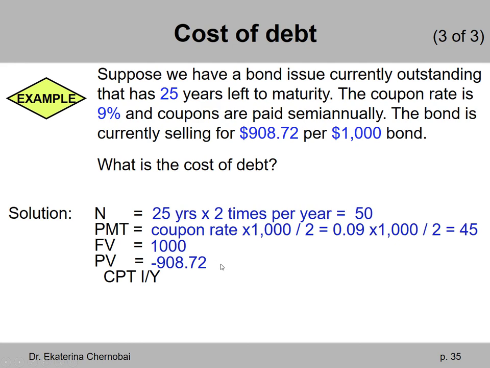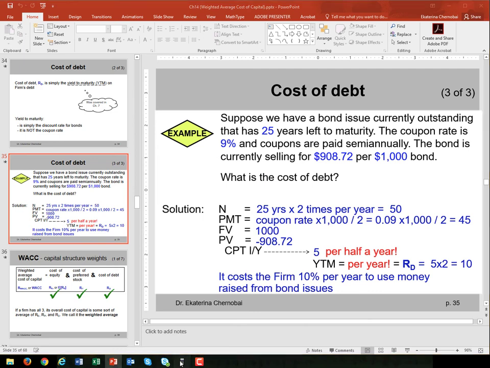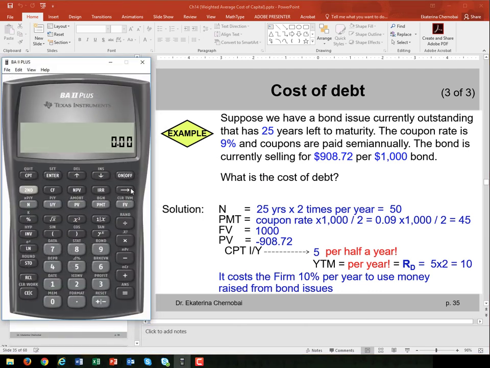Okay, so let's bring up the financial calculator. Turned on. N is 50, so I put 50 N. Then I put the payment amount, which is 45, PMT, and with the same positive sign I am entering the face value of $1,000 as my FV, future value. 1,000 FV.